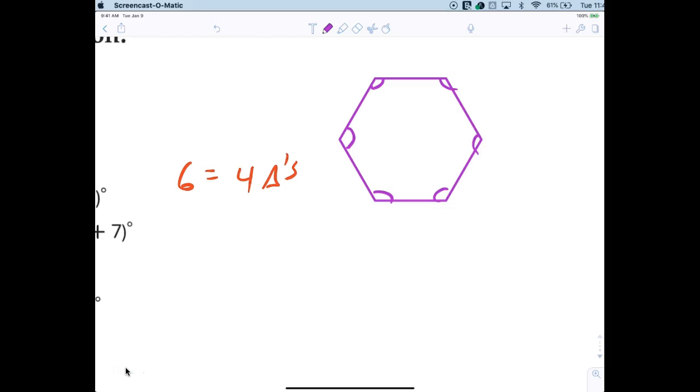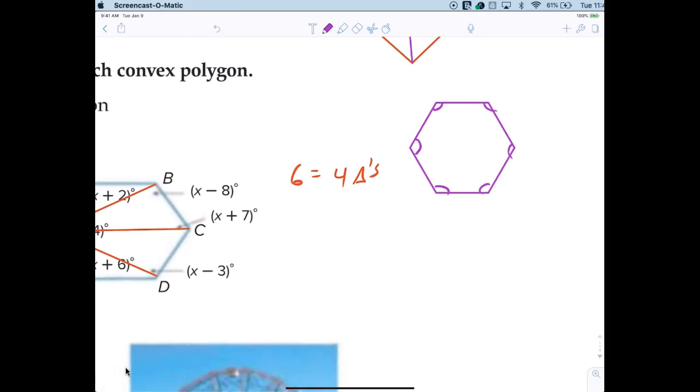So now, how do I find the measure of each angle? You do 6 minus 2 and then times 180. Well, that's not the measure of each angle, though. It would be 540 divided by 6. So I want the formula now. That's exactly correct.